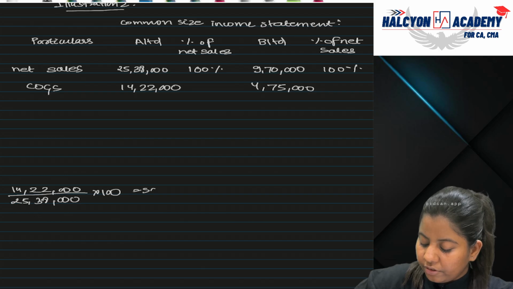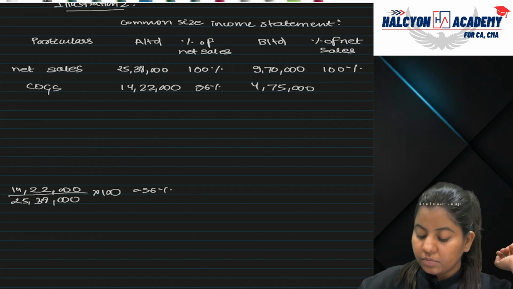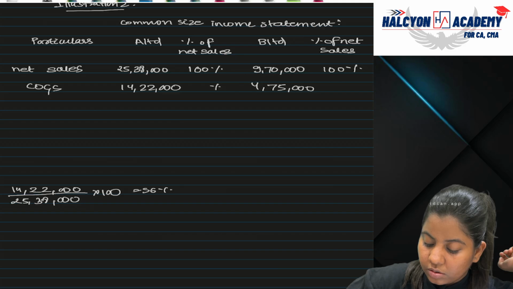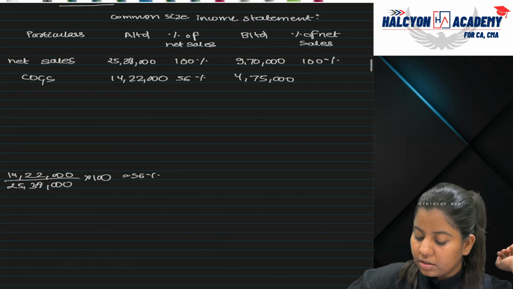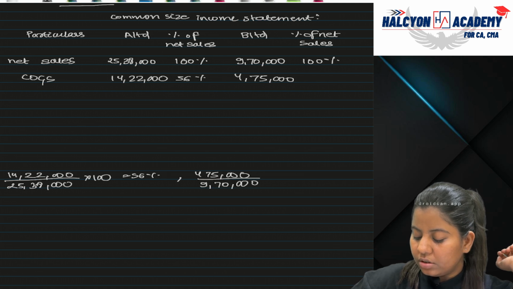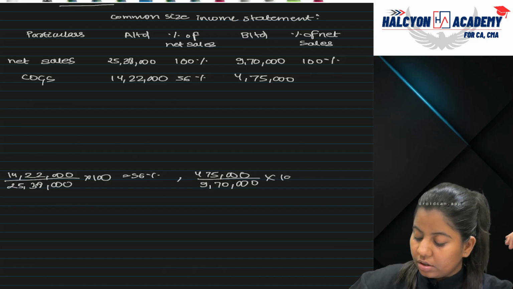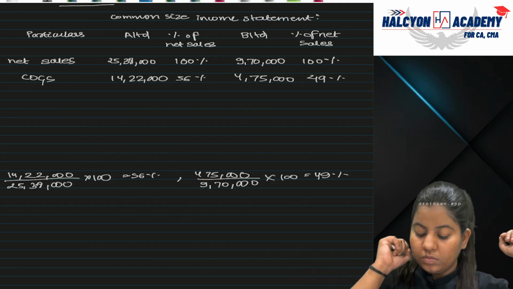It will be 56%. Likewise, for B Limited, 4,75,000 divided by 9,70,000, taking turnover of B Limited as base, it will be 49%. Okay.